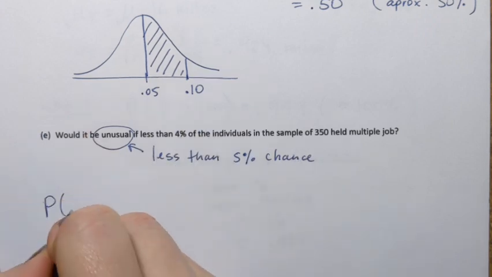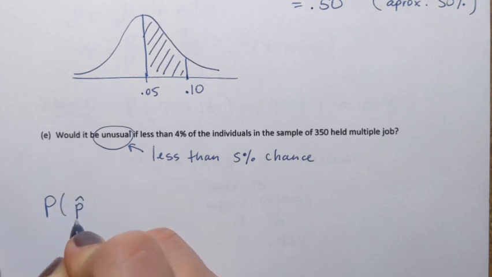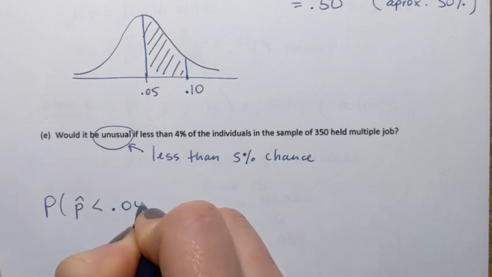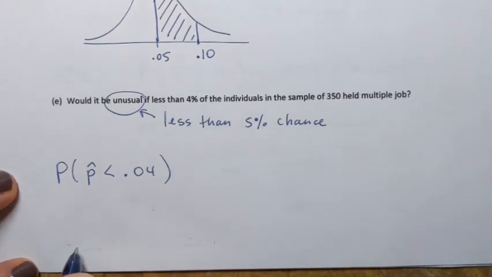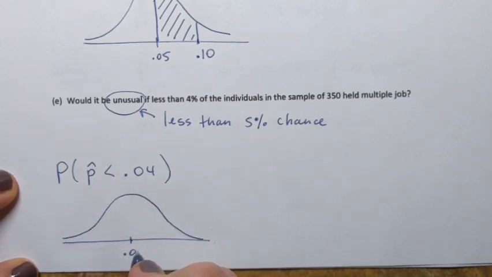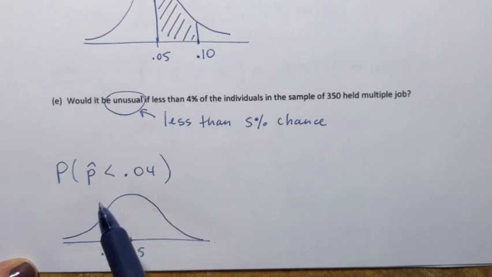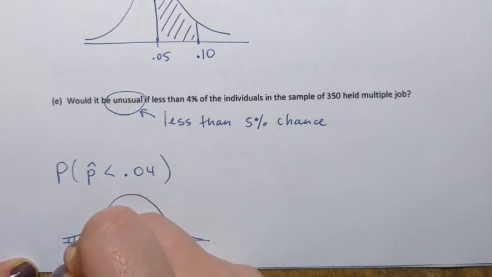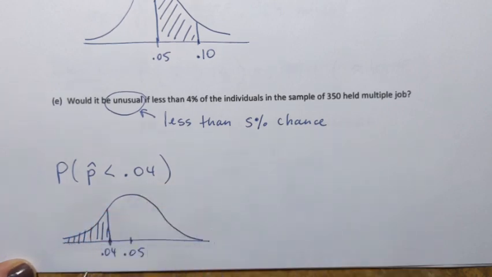Well, let's find the chance of getting a sample like that. Let's find the probability that the proportion of individuals in a sample that hold multiple jobs is less than 4%, so less than 0.04. This is how I'm going to show this on the normal curve. Mean is 0.05. Now 0.04 is over here to the left. The fact that we need the probability that the proportion is less than 0.04 indicates that I need to find the area to the left of 0.04.